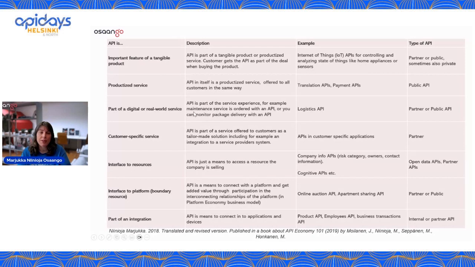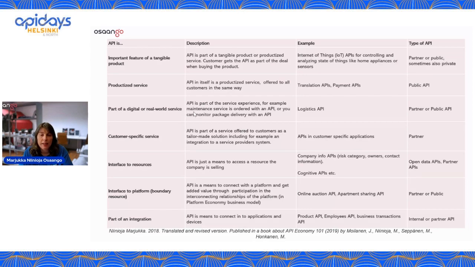So I just wanted to say, when we were writing the API Economy 101 book in 2018 and 19, there was a lot of talk at that time about APIs and products. APIs as products were starting to be a thing for the API experts around that time, but there was just a problem. APIs can be, of course, in a lot of different ways tied to your actual products and services that you are delivering to your customers.